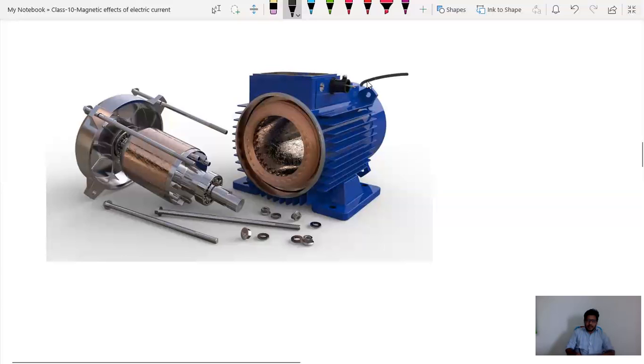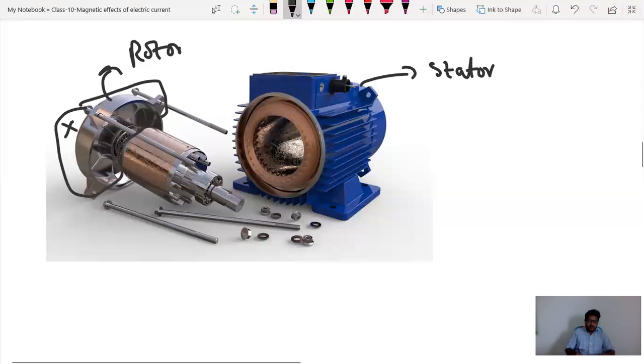So this entire part is the stator, and this part is the rotor. Of course, this is not the rotor. This one is the rotor. This is the armature segment. In this there will be copper wires, copper turnings, and this rod is the shaft.